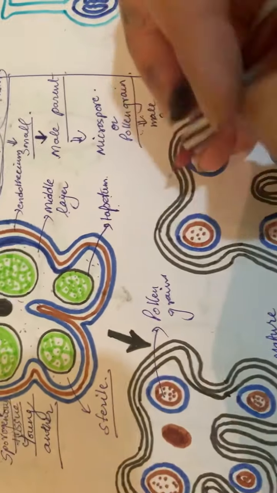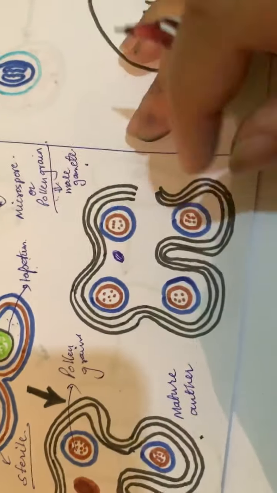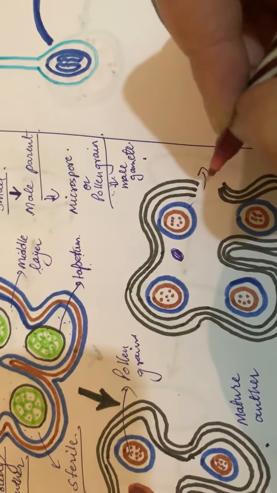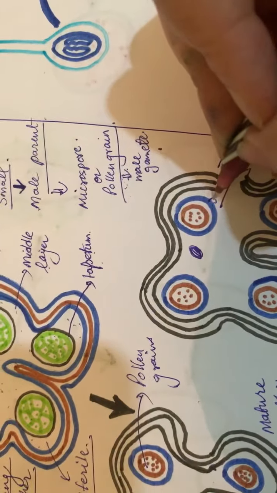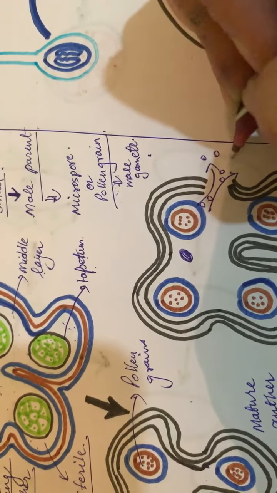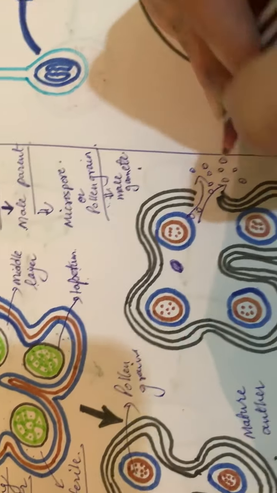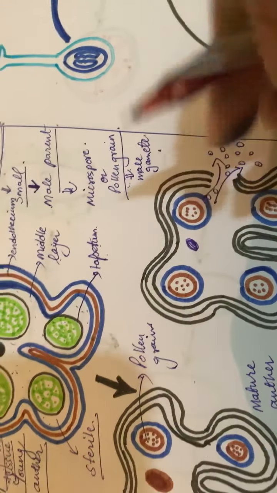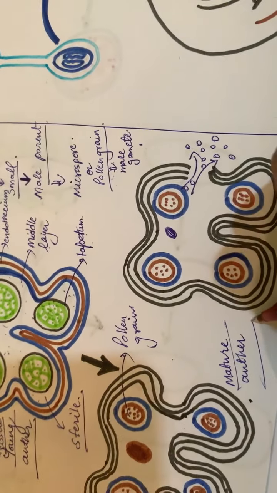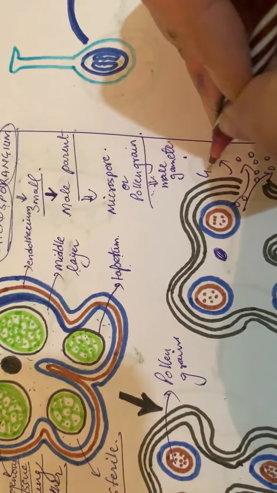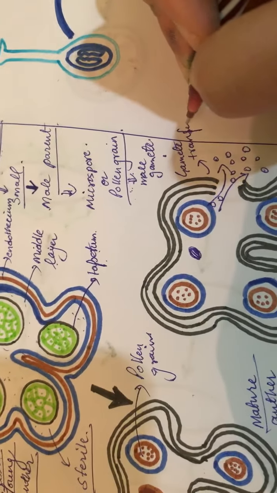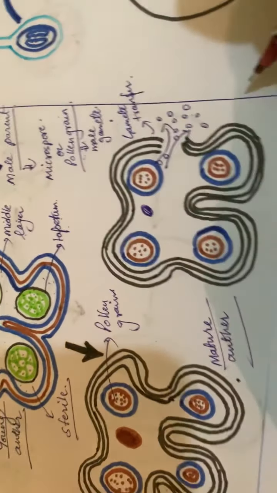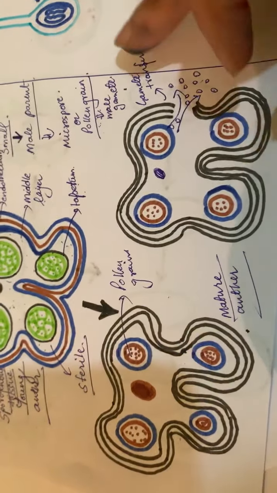So later, after a while, what happens? The dehiscence, meaning breaking down of the layers, takes place, and these pollen grains are released into the atmosphere. This condition comes after the maturation period. This is called gamete transfer. And this process occurs during pollination. All of you remember, surely. So you all got it.